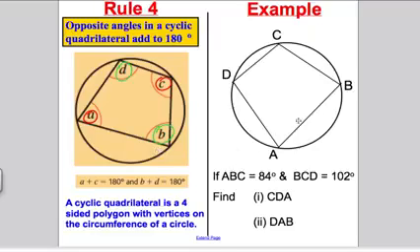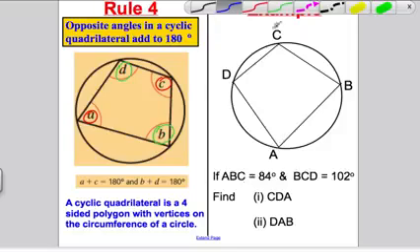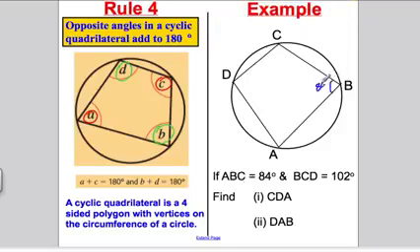Okay, so let's try and use this example here. It tells us that A to B to C is 84. And it tells us that B to C to D is 102. And it asks us CDA, I'm going to call that X, and it asks us DAB, I'm going to call that Y. How would I work those out?